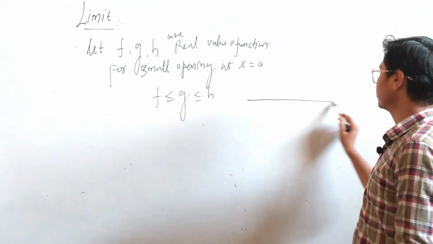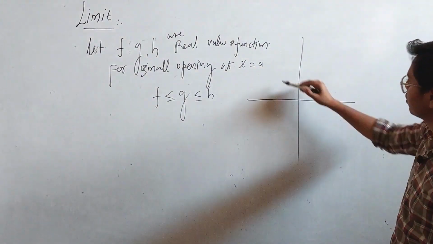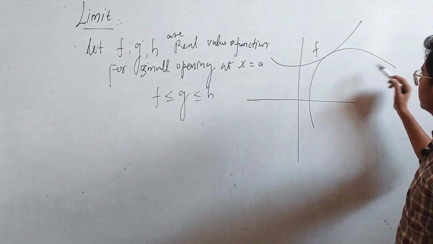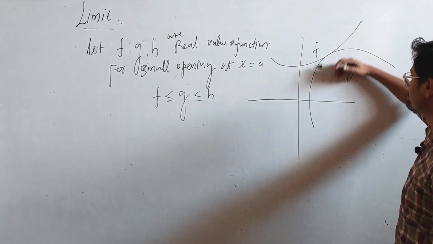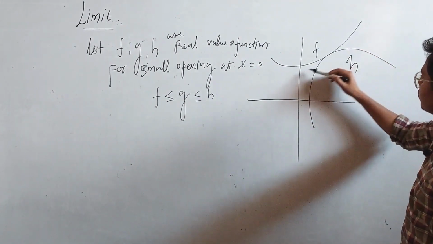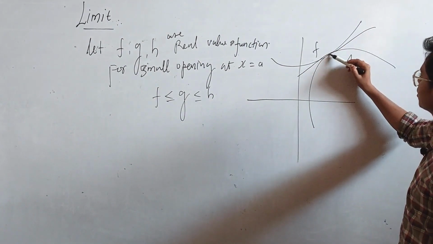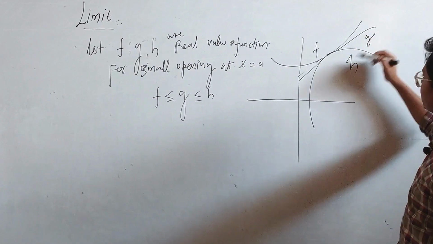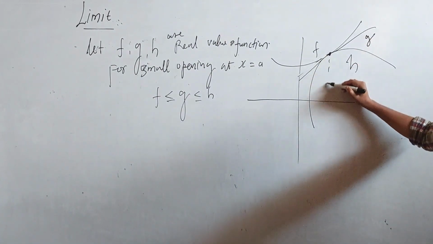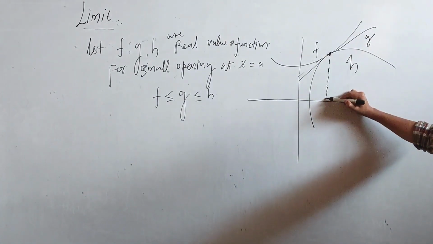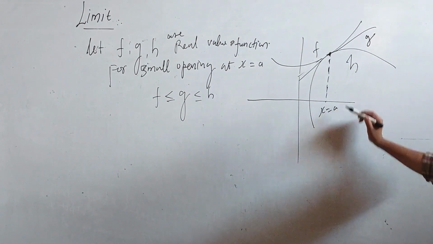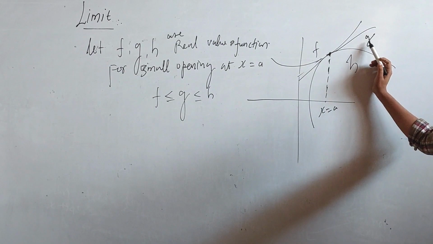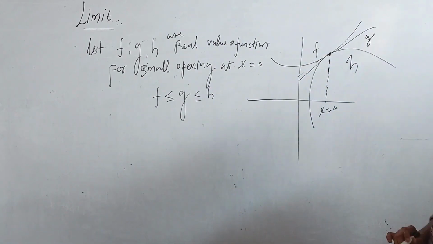So if we draw the graph of these functions, like this is fx, this is hx, and this is gx. At a particular point x is equal to a, the g function lies between f and h.